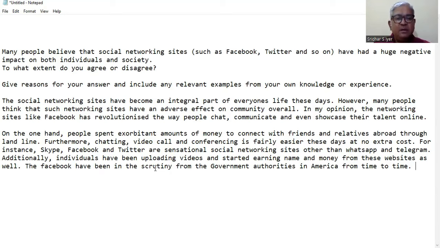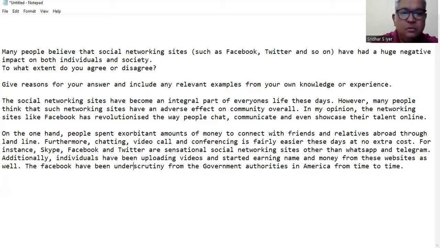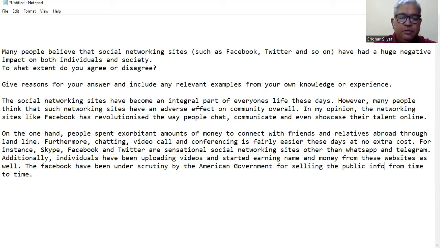The Facebook has been under scrutiny by the American government for selling the public information from time to time.